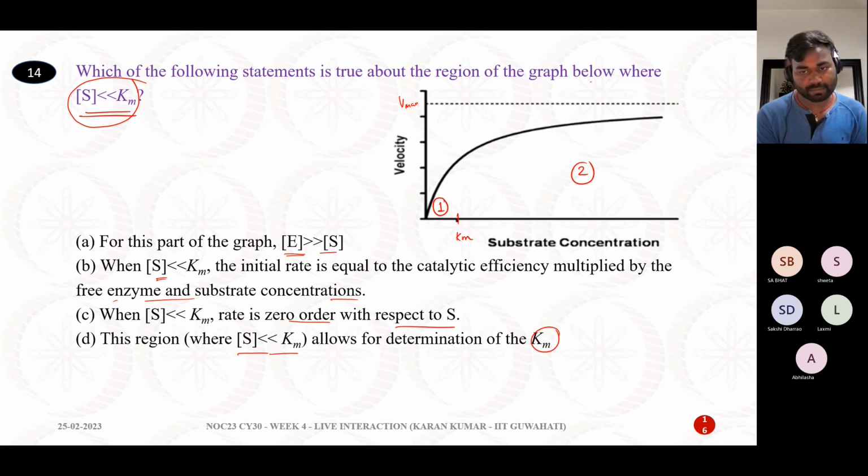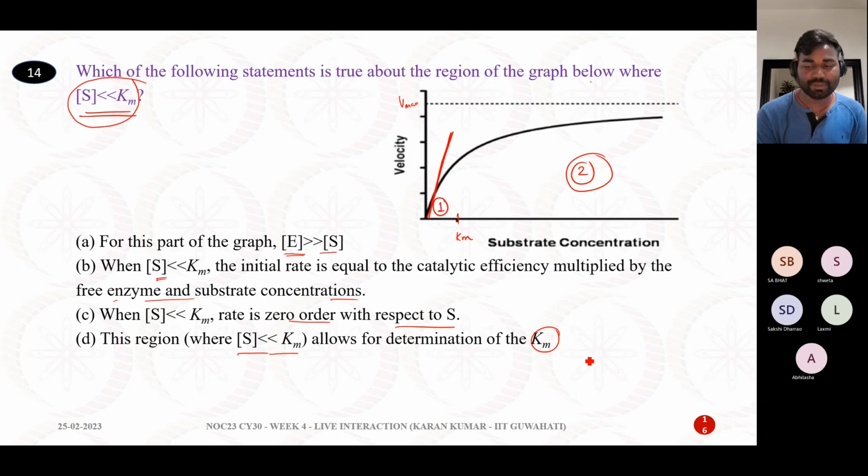So zero order. Zero order. What happens in zero order? Zero order is where the reaction velocity does not depend on the substrate concentration. Zero order is the second part. First part is the first order because it has the slope, right?